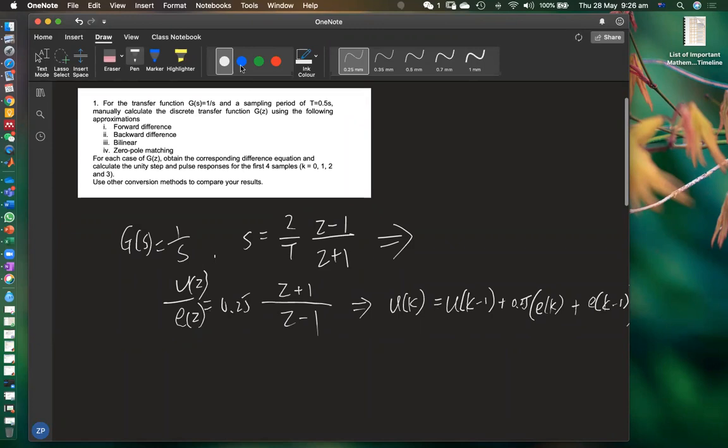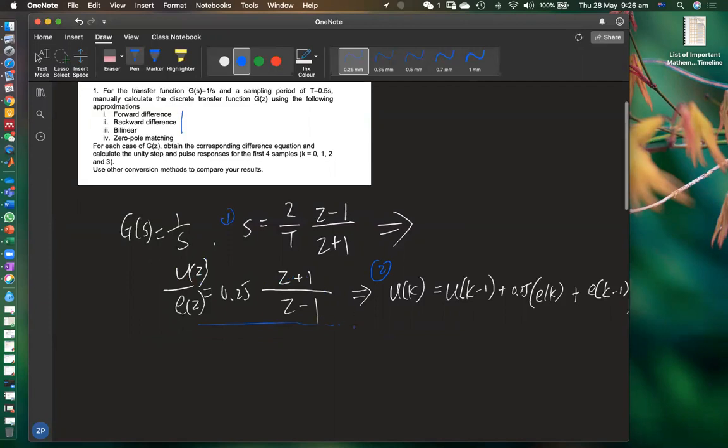It involves two steps. First step is to replace s with z. In the three different methods, basically just this representation is slightly different. Then you get the Z transfer function. That's the first step. The second step is, with z, you move u(k) one step forward. If it's z to the minus 1, you step back.